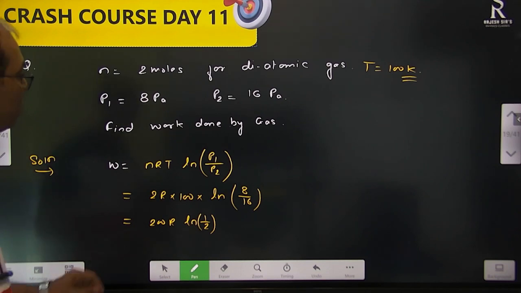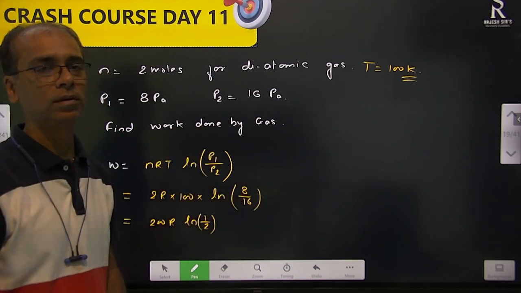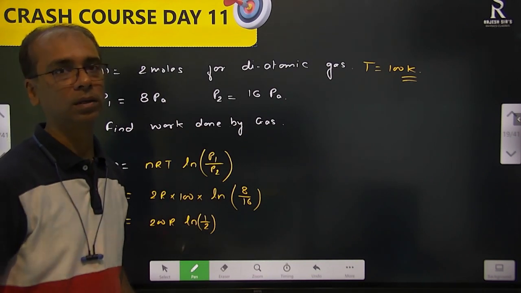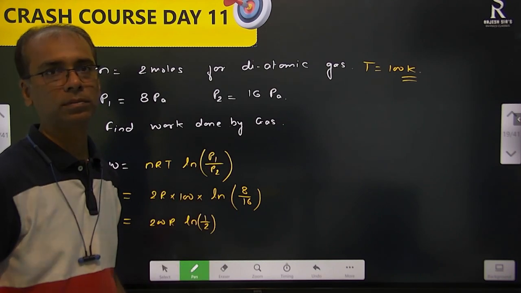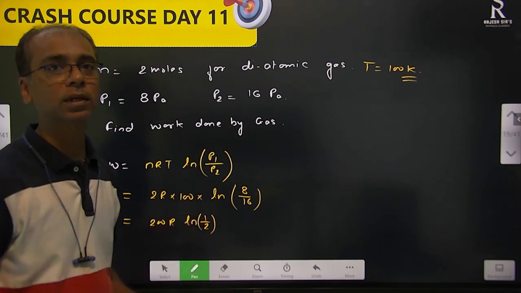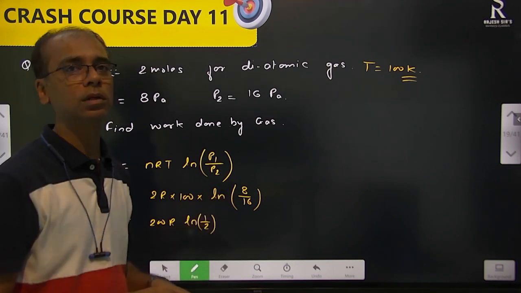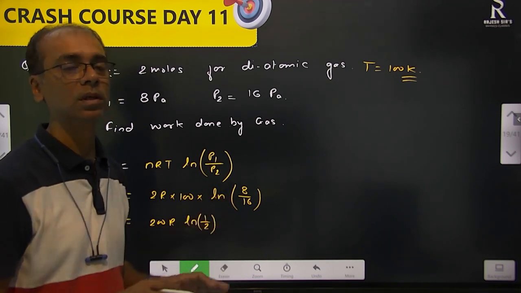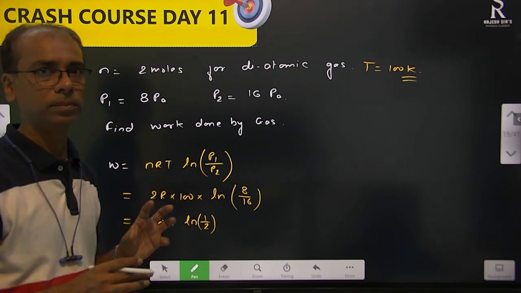Then, if suppose this would have asked find work done by surroundings, then the answer would have become positive. By the gas it is negative because the surrounding is doing the work. The surrounding is compressing only. So surrounding does positive work. Gas is doing negative work. So be a little careful.